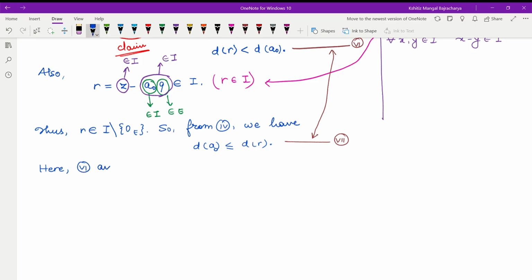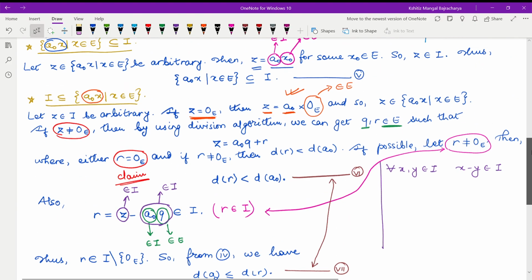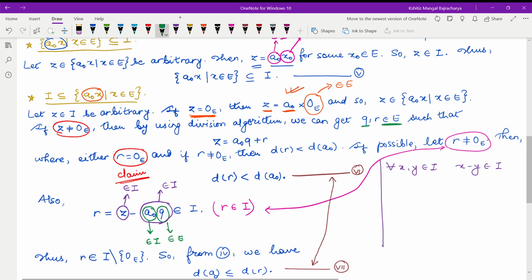Statements 6 and 7 give us a contradiction, and we have obtained this contradiction after assuming that our claim is false. So since we have obtained this contradiction by assuming that our claim is false, we conclude that this assumption is actually false and this is actually true.